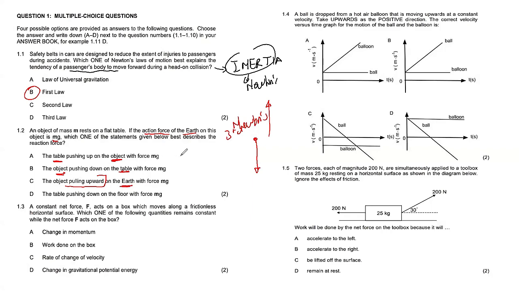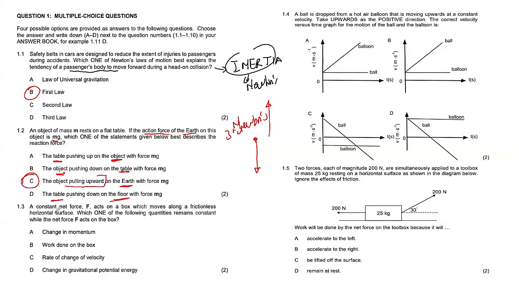So that makes it the correct one, because if we check D, it says the table pushing down on the floor. So this one is totally incorrect because it's now talking about the table and the floor. So C becomes the correct option, right? Number 1, because the force is acting in the opposite direction of the force of the earth, and also it is being exerted on the earth. So that corresponds to our Newton's third law.